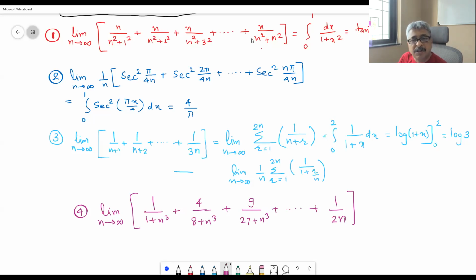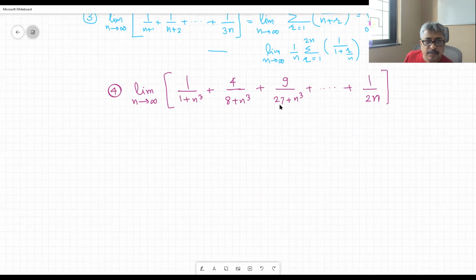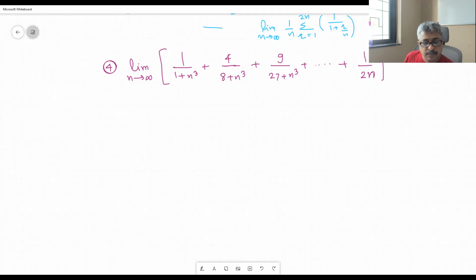Check whether you can solve this. So this is limit n tends to infinity, sigma.